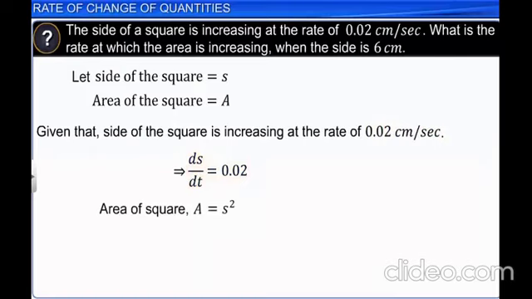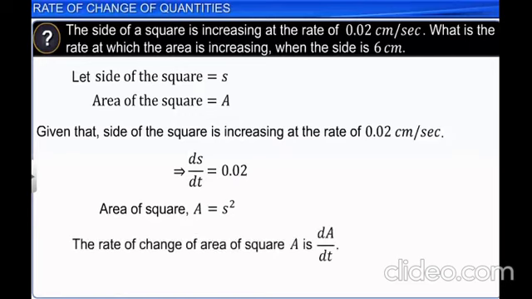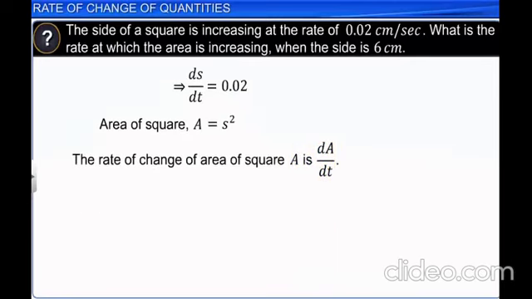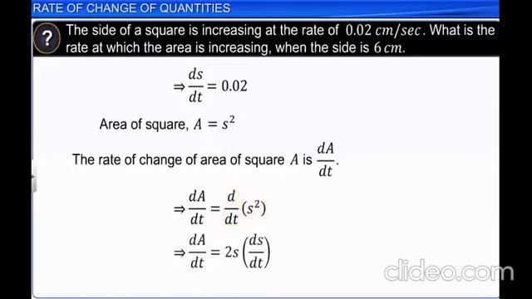We know that the area of a square of side S is S square. The rate of change of the area of square A is given by dA upon dt. Thus, dA upon dt is equal to d of S square divided by dt. On simplification, dA upon dt is equal to 2s into ds upon dt.